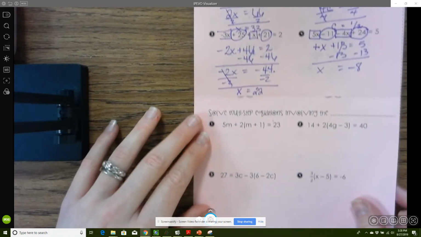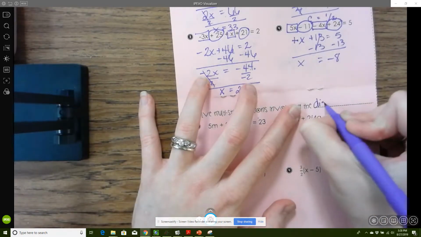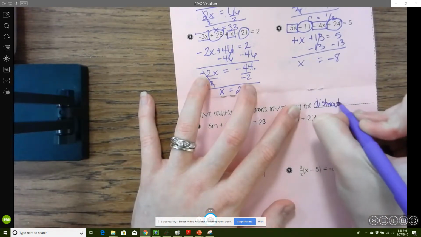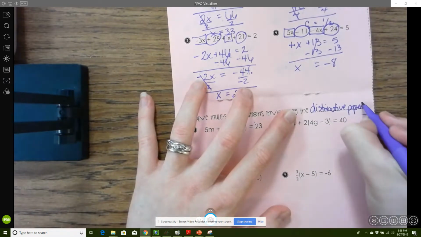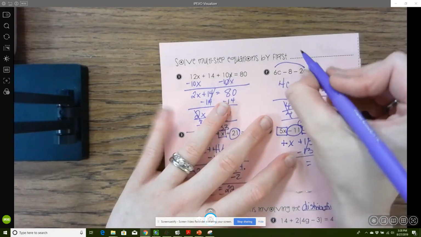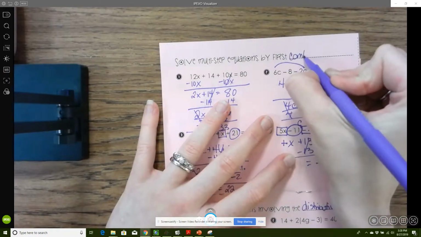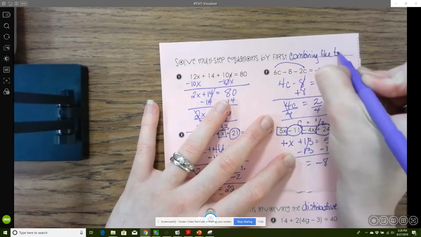So now we're going to solve multi-step equations involving the distributive property, first combining like terms.